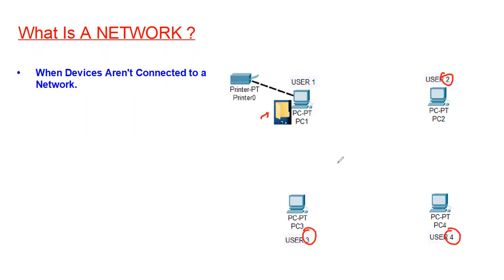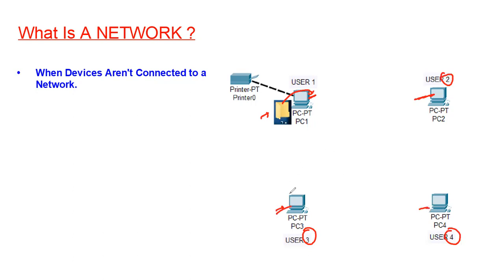How will they get the files? They will take an external storage like an external hard disk or USB drive. They will connect the external storage to PC1 and copy and paste the files from the computer to their external storage. Then they will remove the storage, connect it to their own PCs, and copy and paste the files from the external storage to their PCs.